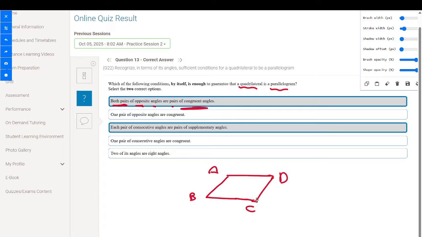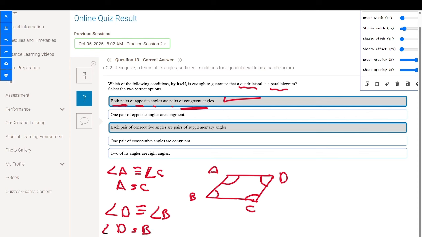We have in a parallelogram angle A and angle C are opposite angles. They are congruent and equal. So this is right. And also angle D and angle B. Angle D is congruent to angle B, and angle A is equal to angle C.